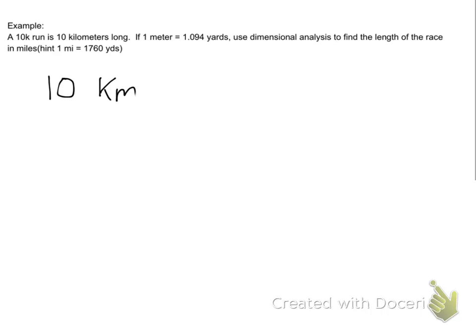So we're going to multiply it. But I'm going to get rid of kilometers. Wait a minute, I can't just get rid of kilometers, can I? Not in that respect. Because the only conversions I have are yards to miles and meters to yards, I need to go from kilometers to meters first. So 1 kilometer is equal to how many meters?